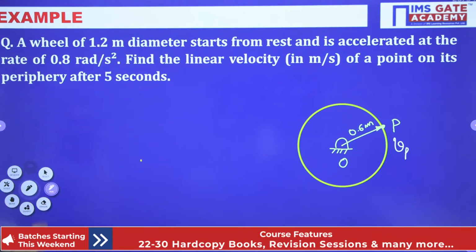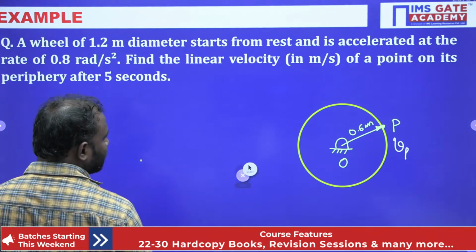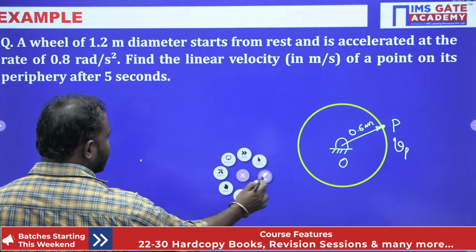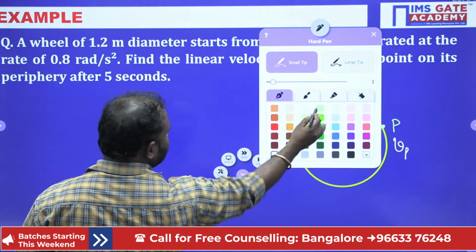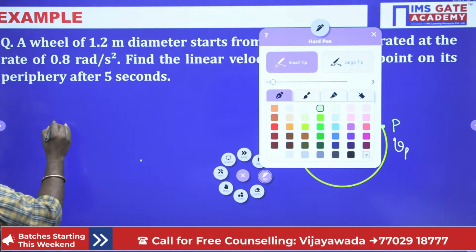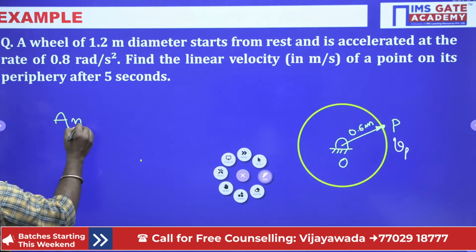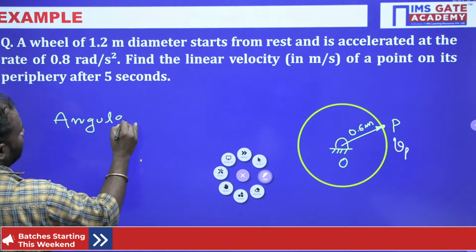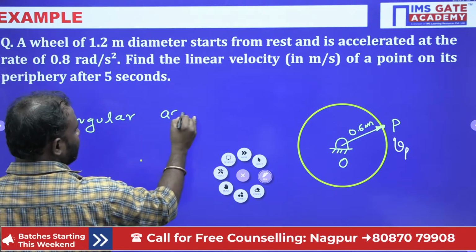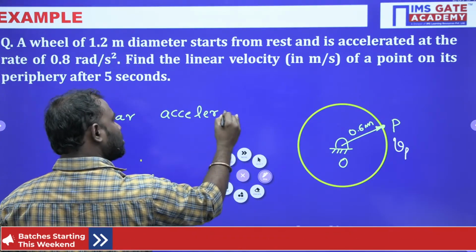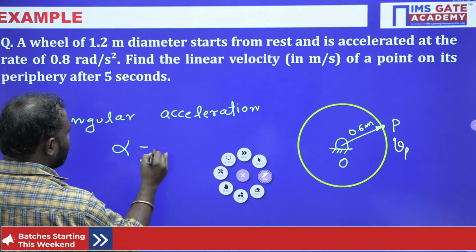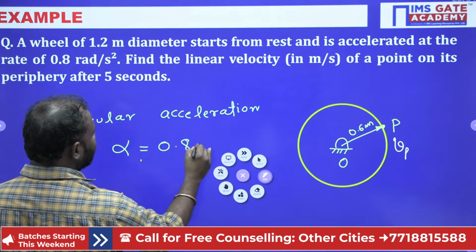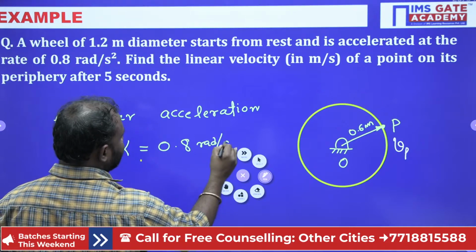What are the things given? Let me write the given data. Angular acceleration alpha is equal to 0.8 radian per second square.